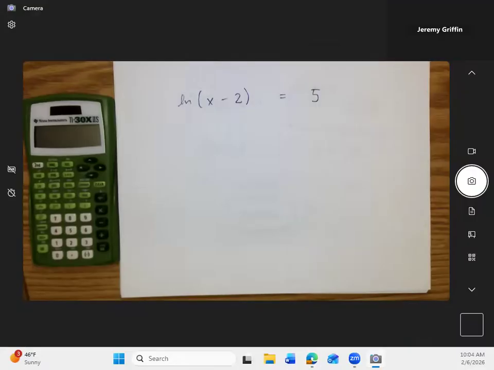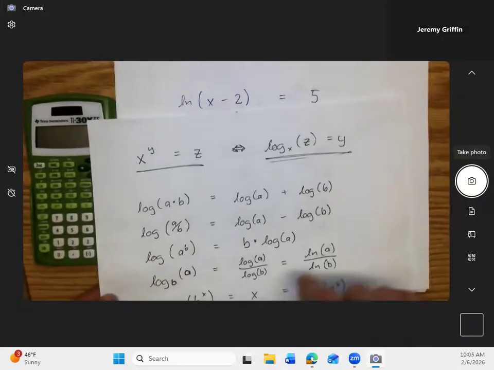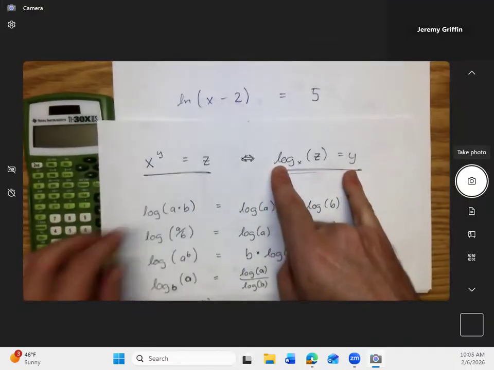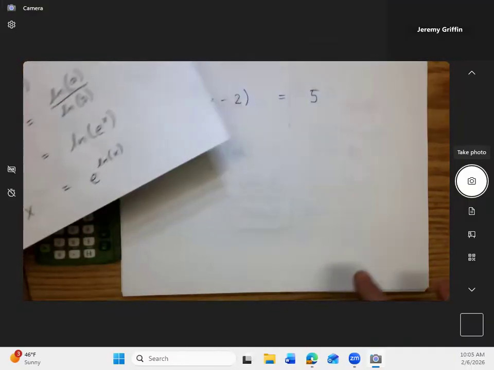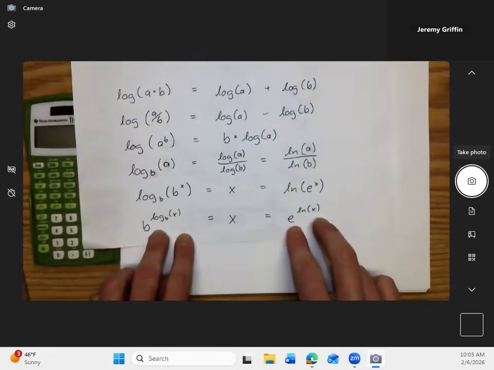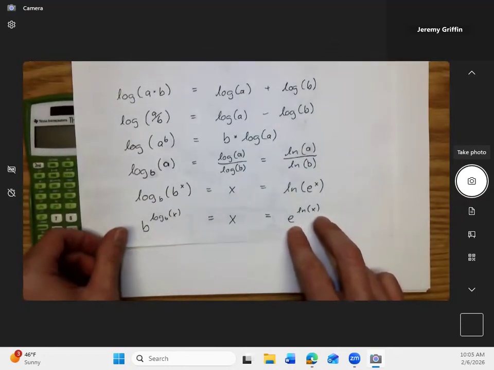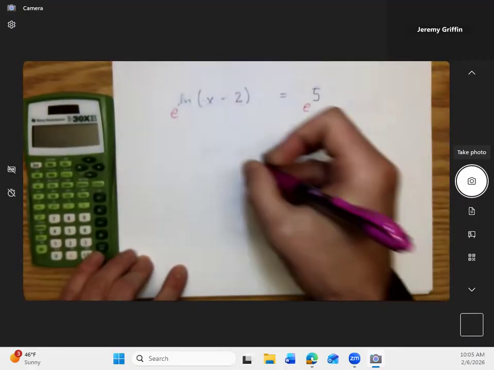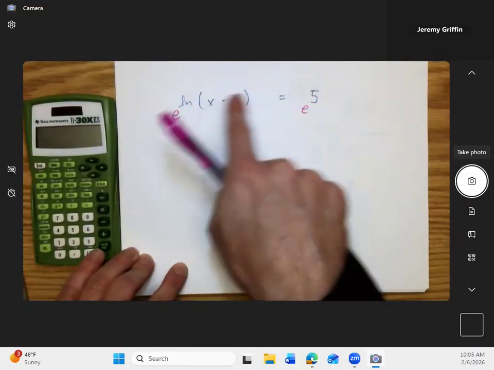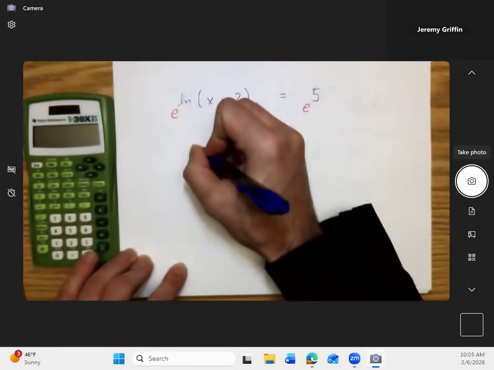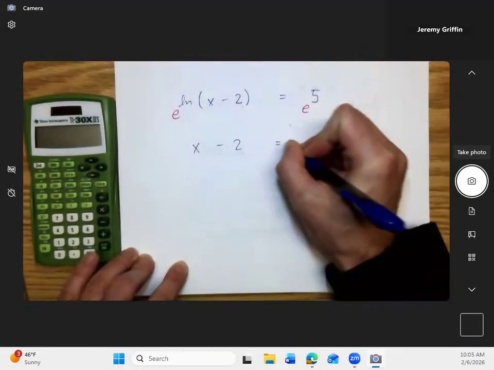So, okay, maybe a couple ways to take this. One way is I might change this logarithm back to an exponent form. Or if you like, remember this very last rule, e to the power of ln x makes things x. However you think of it, if I do e to the power of both sides, or take this base to the power, one way or another I got x minus 2 equals e to the 5.